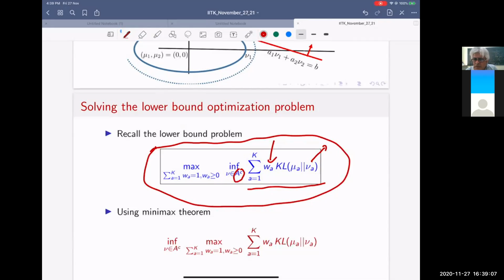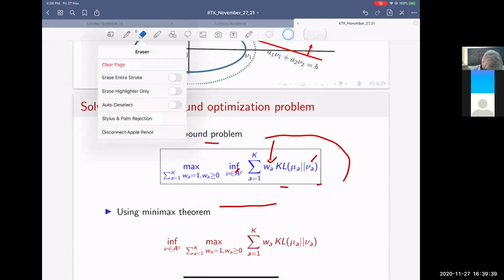So the solution is going to be a saddle point. You can imagine a saddle in your picture. Whether you first minimize and then maximize the minimum, or you first maximize and then minimize the maximum, you get the same answer. So what that means is that I can interchange the maximum and the minimum, because of this nice problem, concave on one side and convex on the other side. So that allows me to interchange the order of the operations of maximum and minimum.